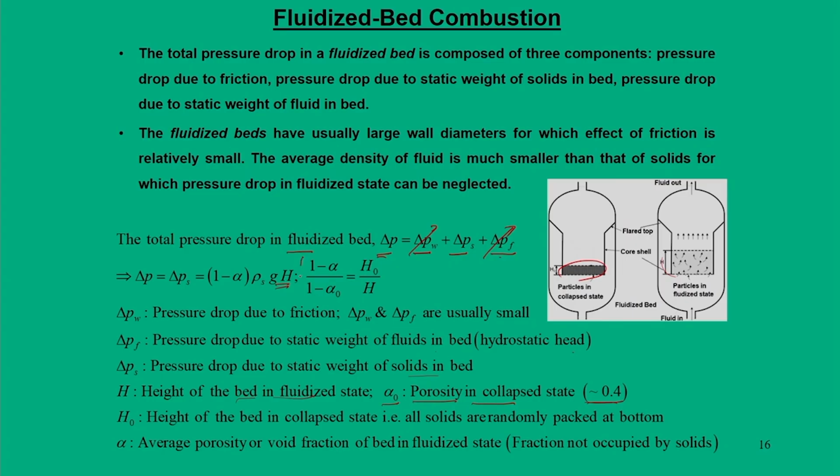One fundamental linear relation we can obtain is (1 minus alpha) by (1 minus alpha 0) equals h0 by h. This will give you the necessary pressure drop. So, we can find delta p by h, normalizing it, from these equations.